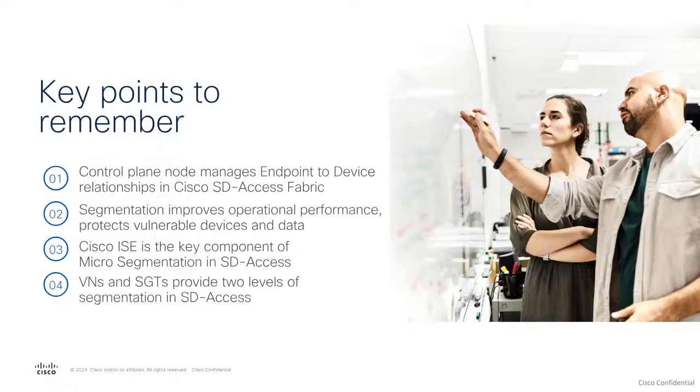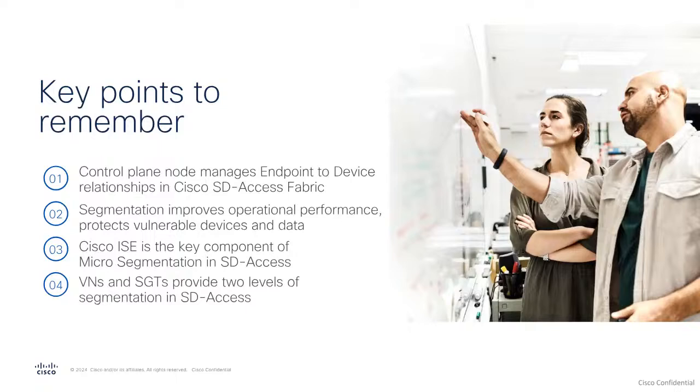Thank you, Casey. So with that, it actually is time now to wrap our session with some key points to remember. In Cisco SD Access, the control plane manages the endpoint to device relationship. So that is something that we need to keep in mind. Other than that, segmentation provides operational performance.